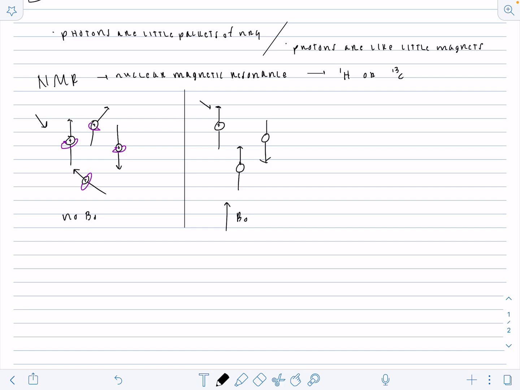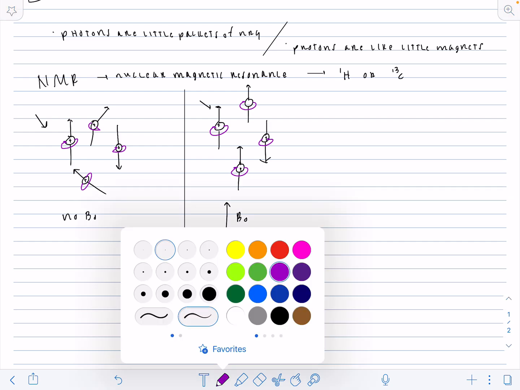So I had 4 protons over here, so I'm going to draw 4 protons over here. And you can see that in my example, I have 3 protons going with the magnetic field and 1 proton going against the magnetic field.